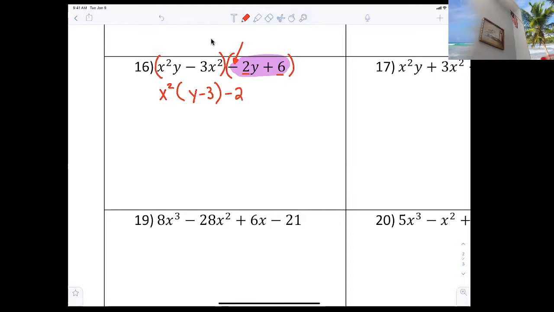All right? And when you factor out a negative, you have to change the signs. Now, this first term was negative, so now it's going to be positive. The 6 was positive, now it's what?